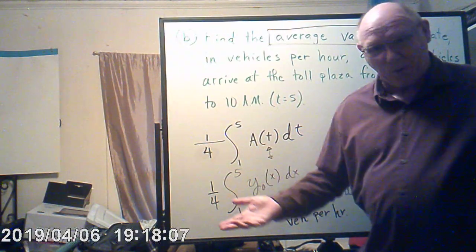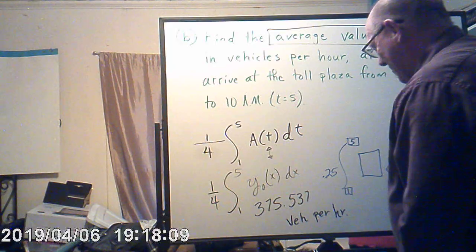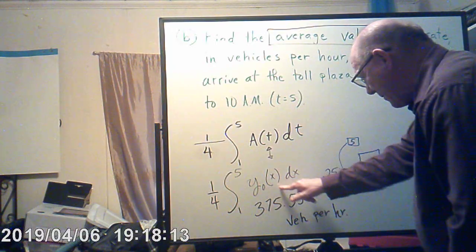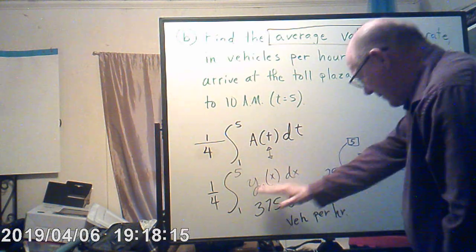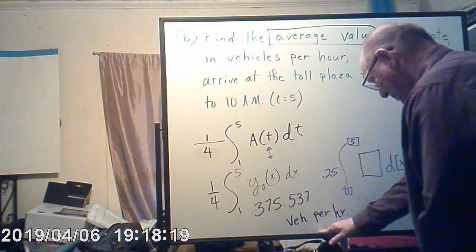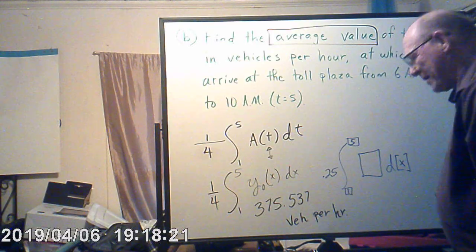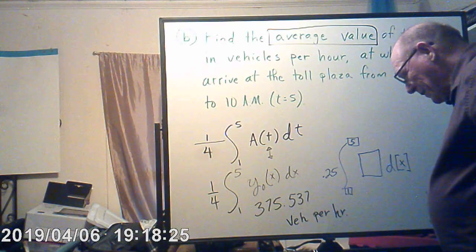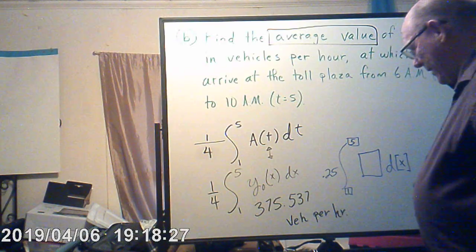And knowing that A at T is equal to y at OX dx, in my problem, that's what I got, vehicles per hour.